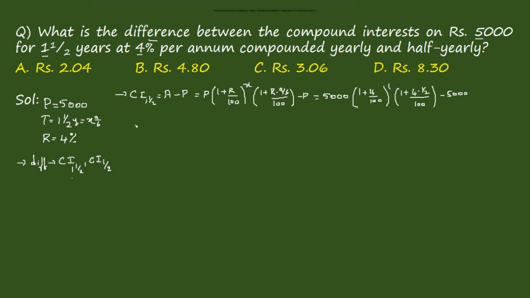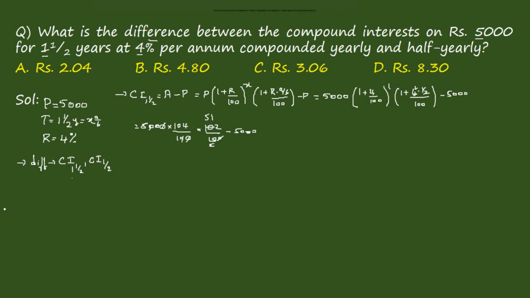So we get this one equal to 5000 into, take LCM, it becomes 104/100 into, it got 2 and it goes 2, so it becomes 102/100, minus 5000, right? So here 3 zeros go, again one side goes by 2, again it goes by 51.